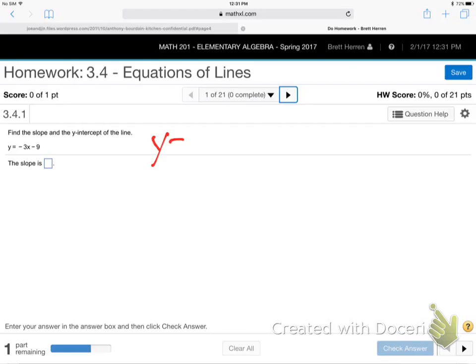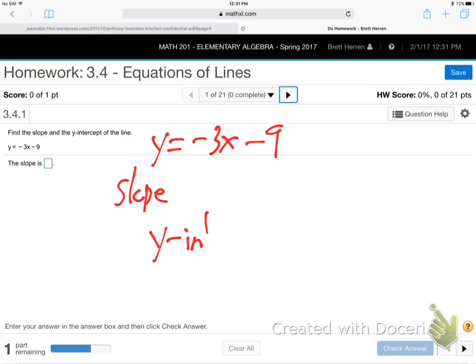All right, so y equals minus 3x minus 9. They're asking me for two things here. They want to know the slope, and they want to know the y-intercept. So, what's the slope on this one?